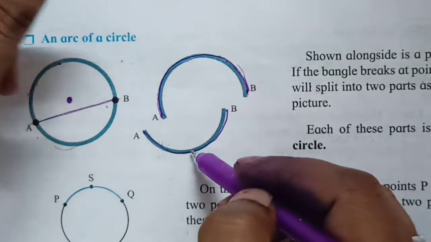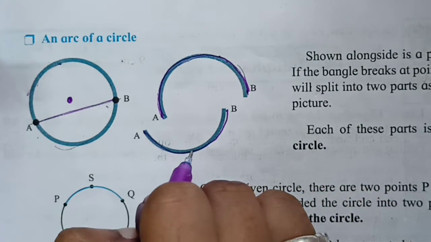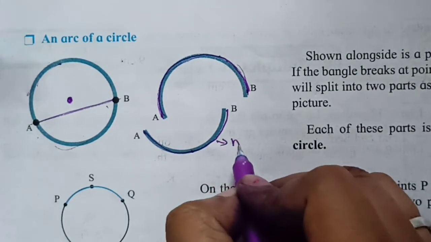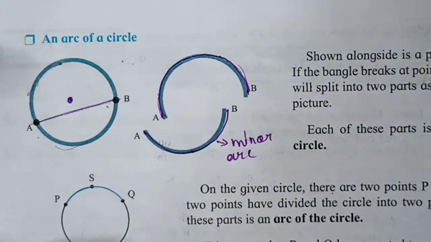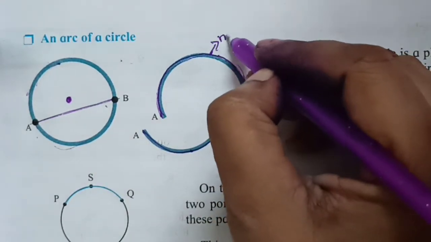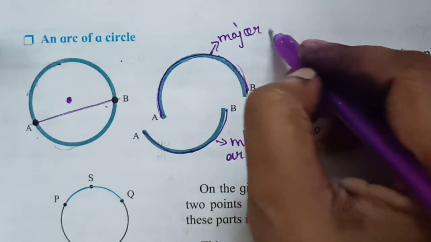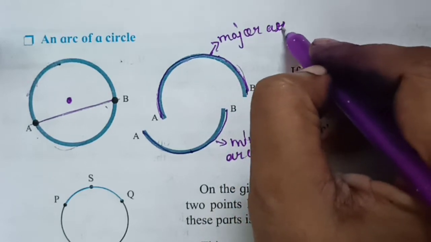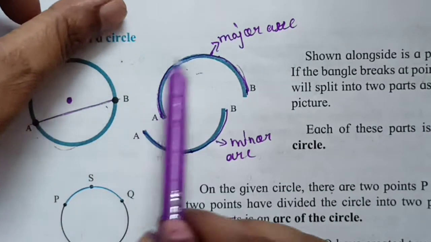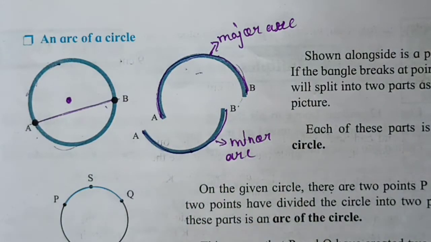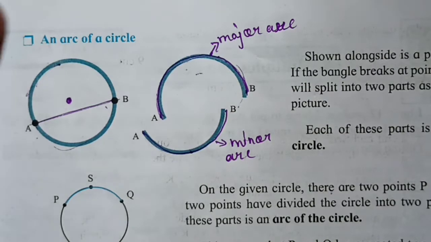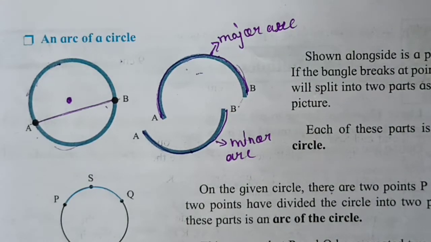Okay, as you can see it is small in size, so this will be called a minor arc, and this will be called a major arc because it is greater in size. Okay, now understood. Now how can we read the arc?